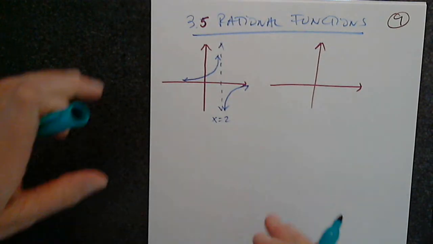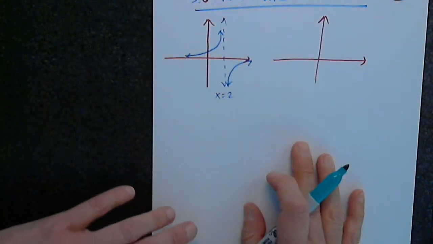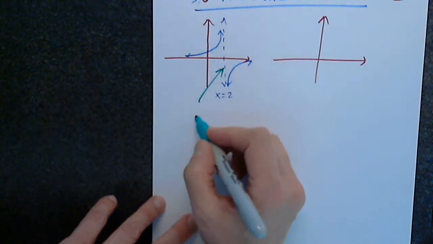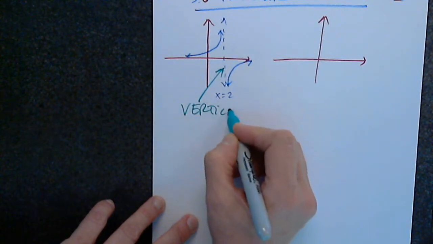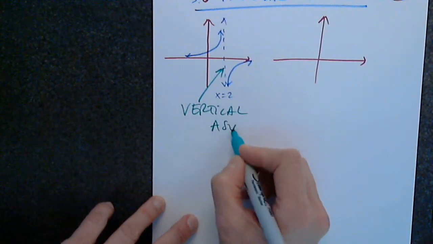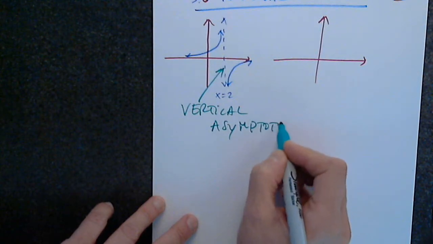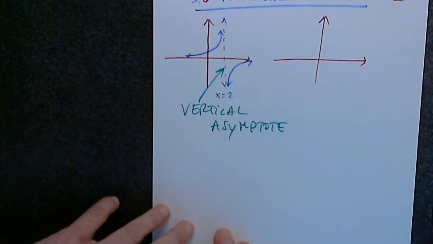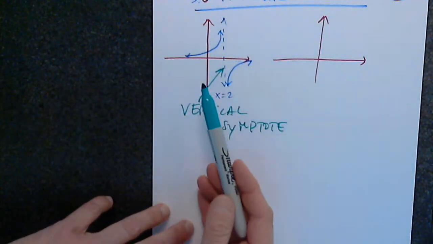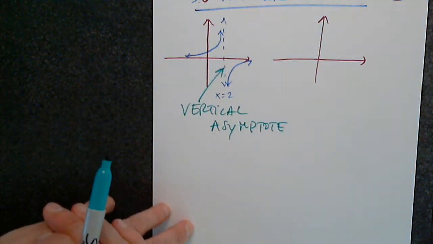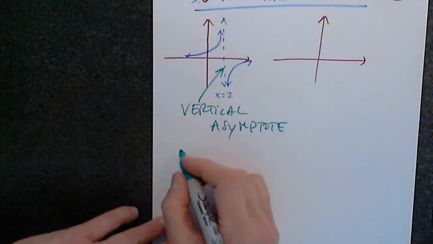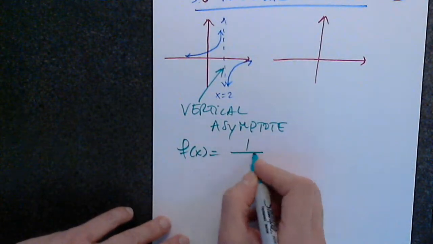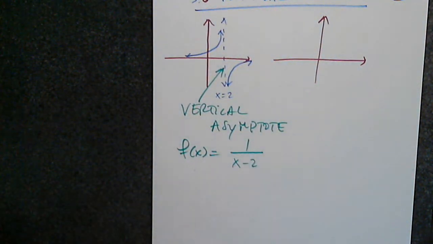So when does a function have a vertical asymptote? This is called a vertical asymptote. It's when it gets close to, but doesn't touch that line. No, a rational function has a vertical asymptote when it is undefined. So here's an example. f of x equals 1 over x minus 2.